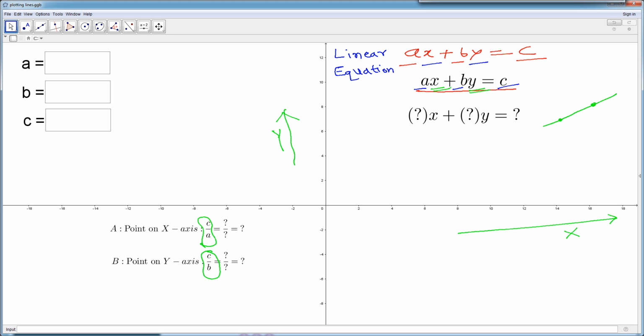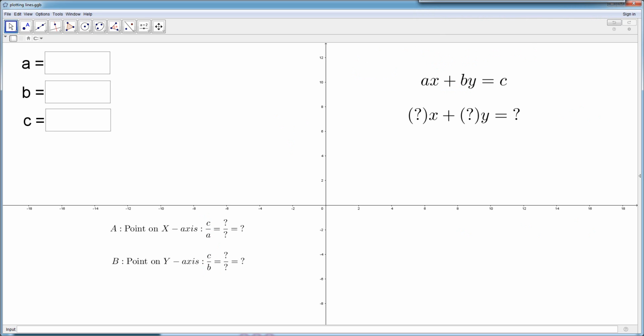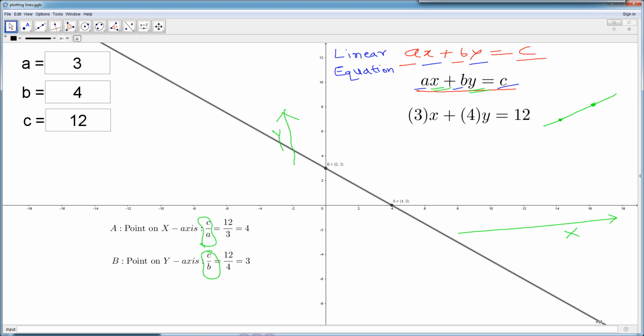Let us see different examples of straight lines. Here I'll substitute the value of a as 3, the value of b as 4 and the value of c as 12. So here we get the equation of line as 3x plus 4y is equal to 12.